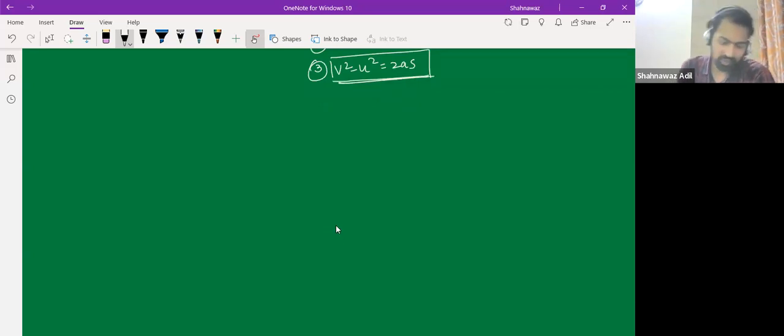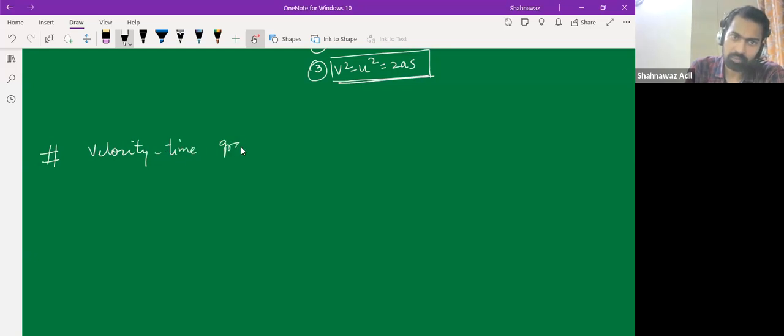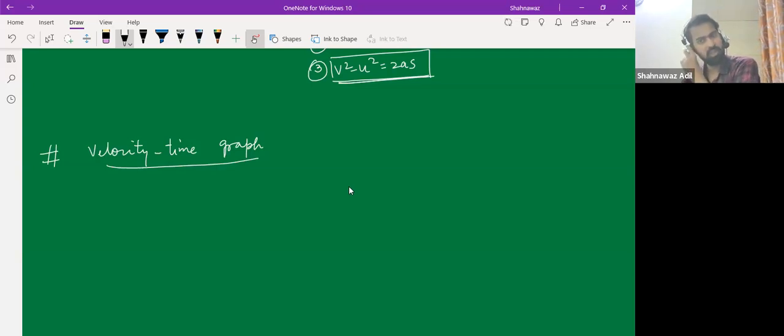So which graph will we take? Rishita, which graph will we take? Velocity time graph. Yeah, again the velocity time graph. And we are studying uniform acceleration. So what is the graph of uniform acceleration in the velocity time graph?